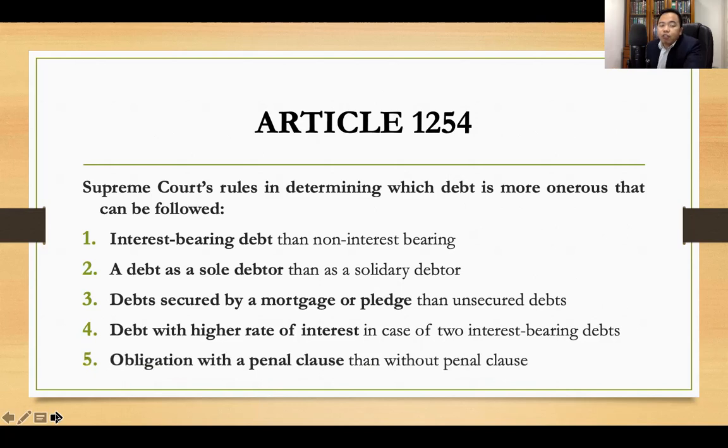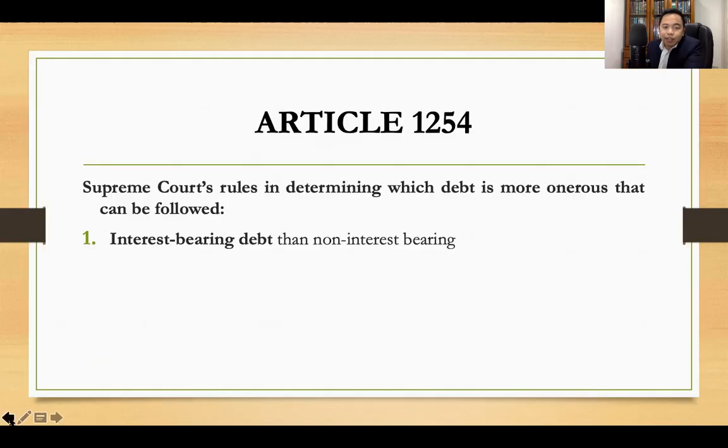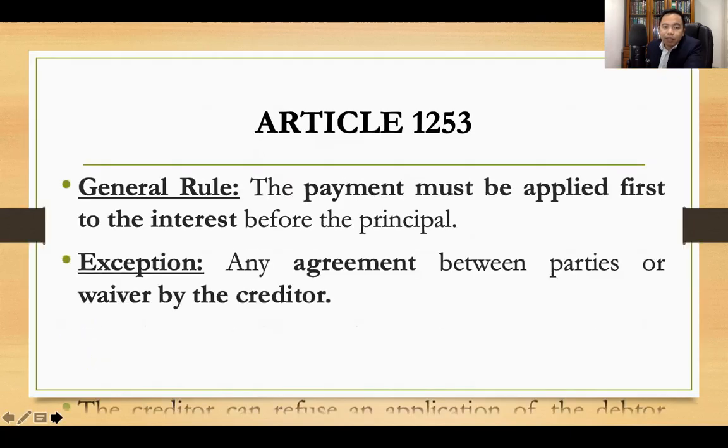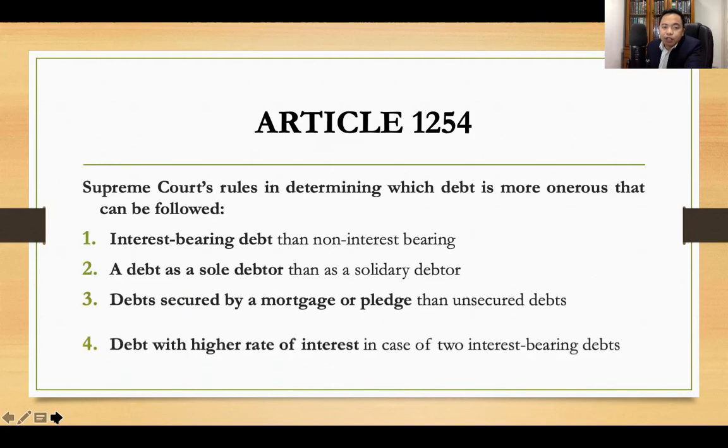Fifth, an obligation with a penal clause. We have discussed this when we were discussing the different kinds of obligation. An obligation with a penal clause is more onerous than one without a penal clause. So that is subsection 1 on rules on application of payment. We go to subsection 2.